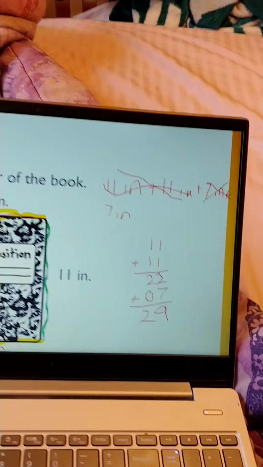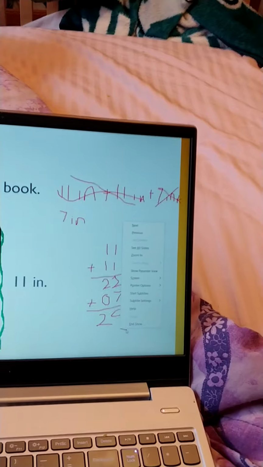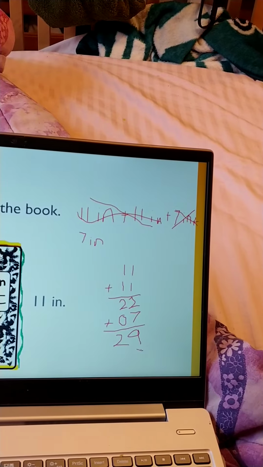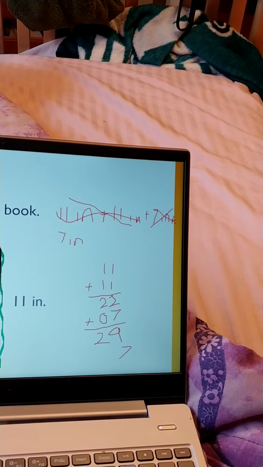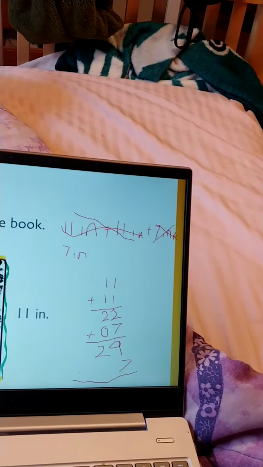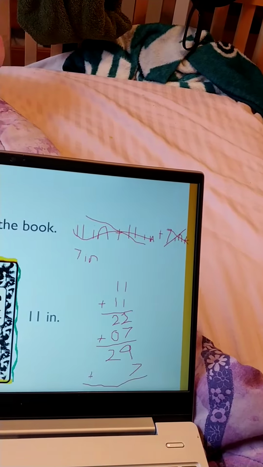Now we're going to add 29 plus 7. Let's do it over here so you guys can see it.